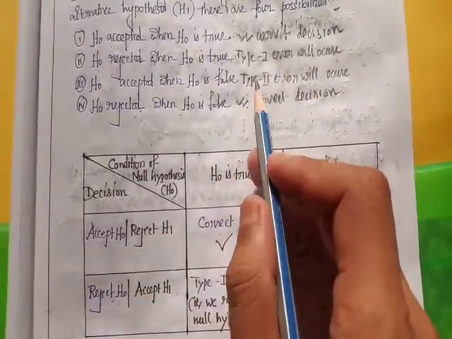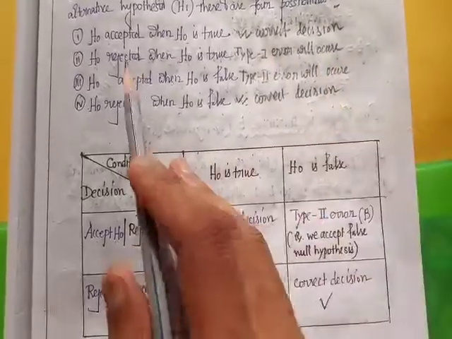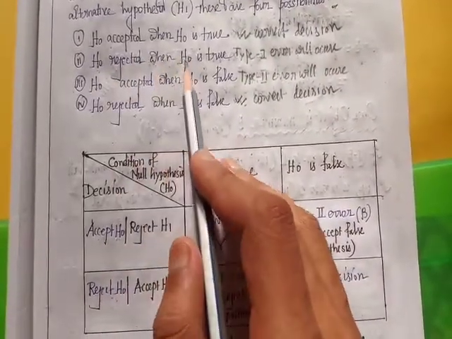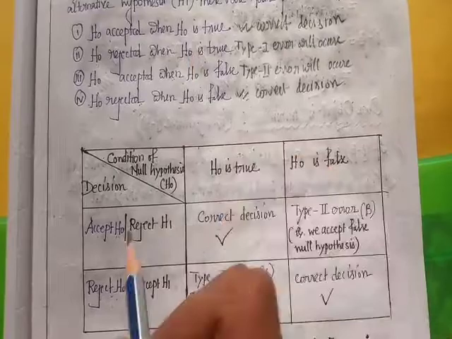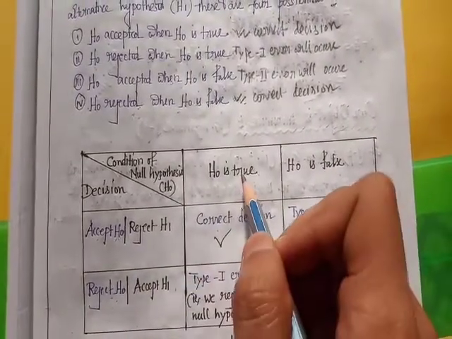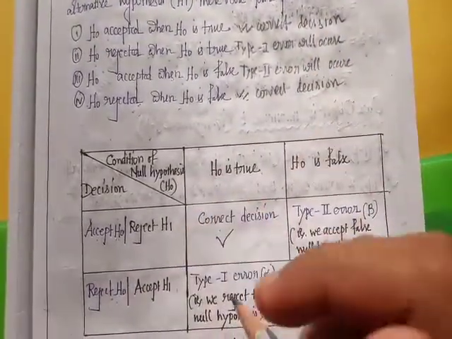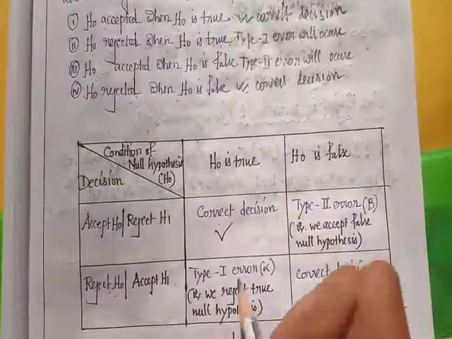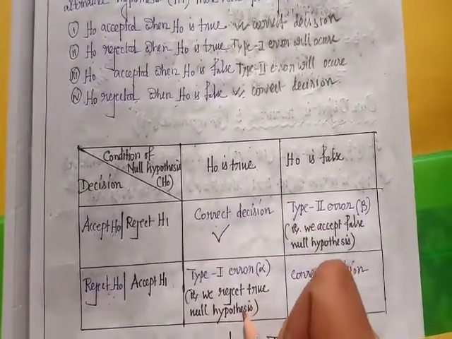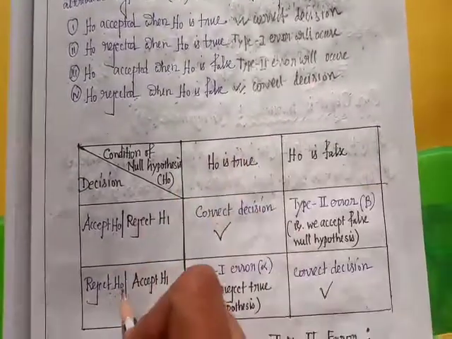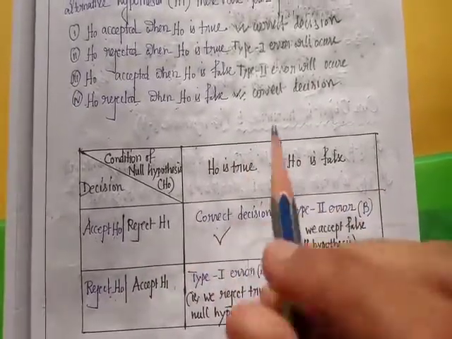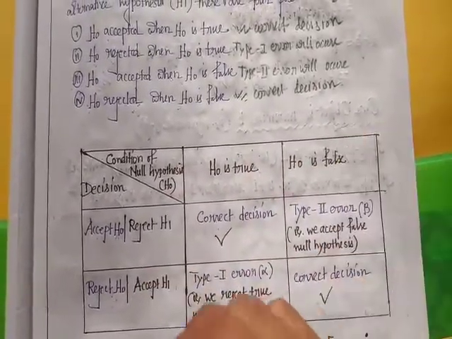So type 1 error will occur when H0 is rejected when H0 is true. That is, we reject a true null hypothesis.